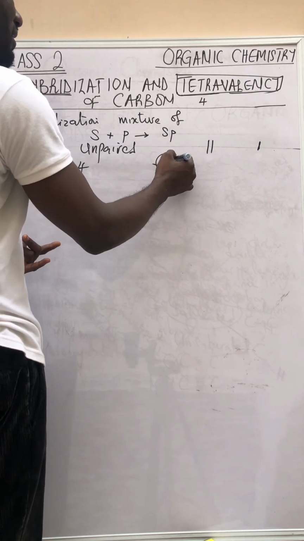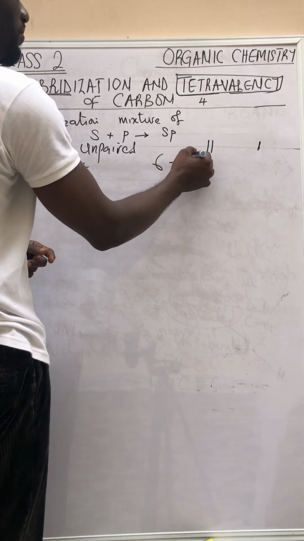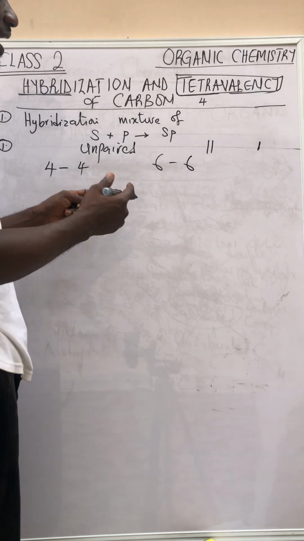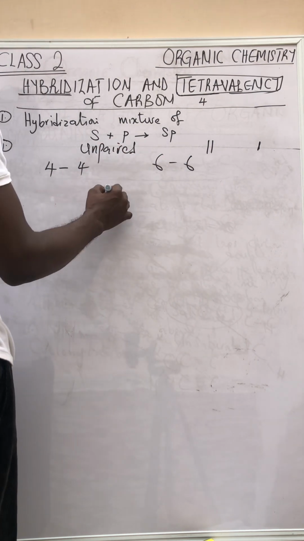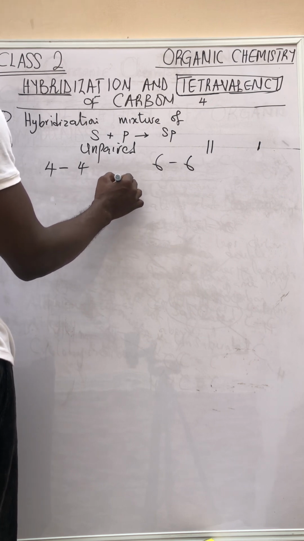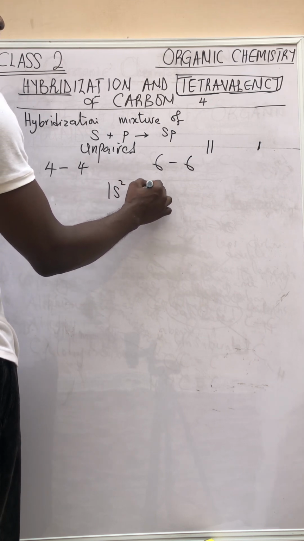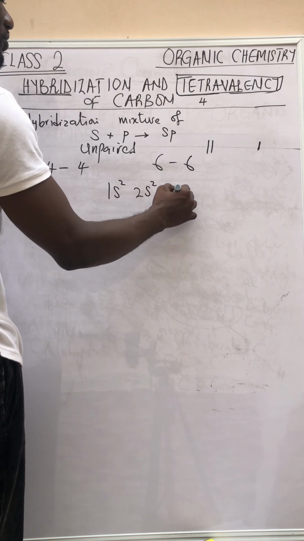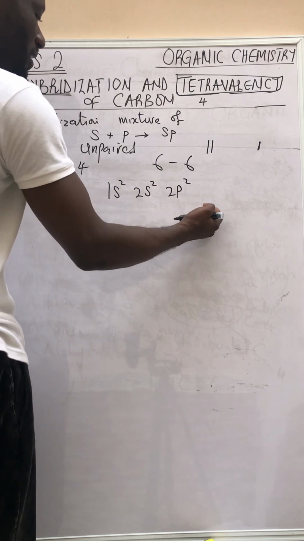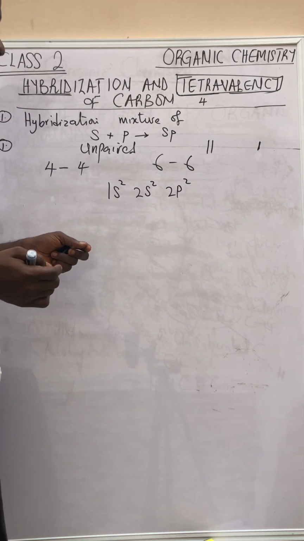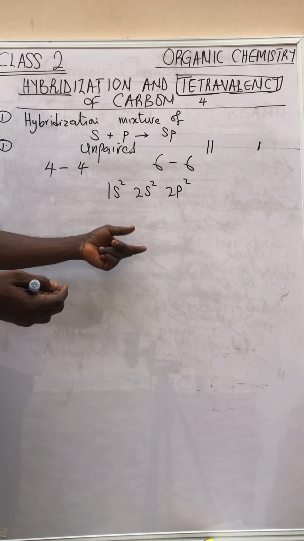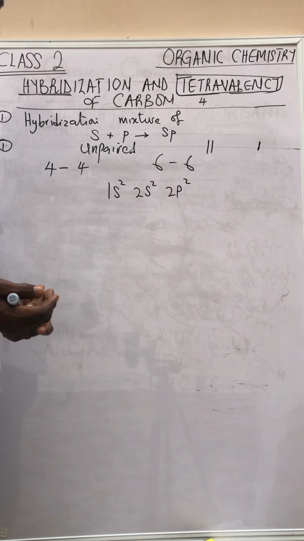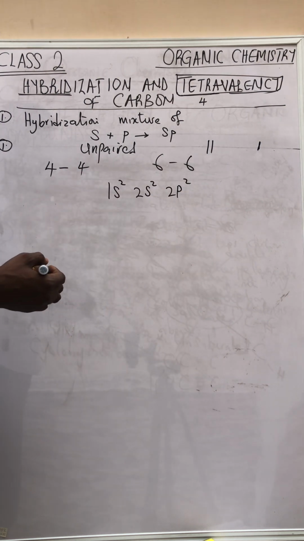That means the electrons in carbon must also be 6. So the electronic configuration of carbon can be written as 1s2, 2s2, and 2p2. How I got these, we will revisit later.